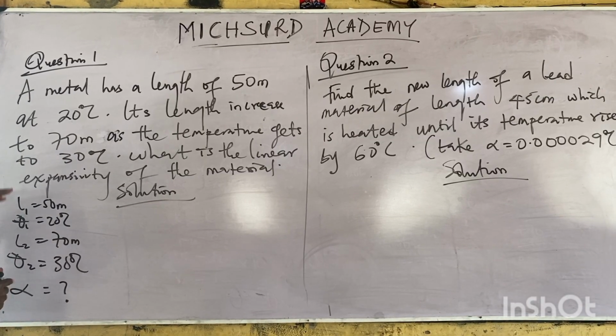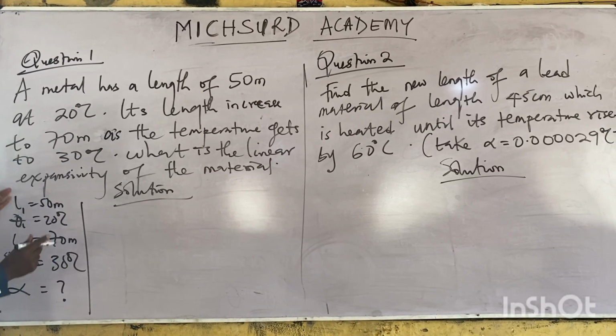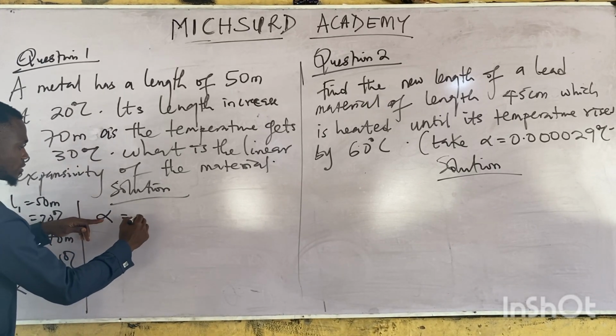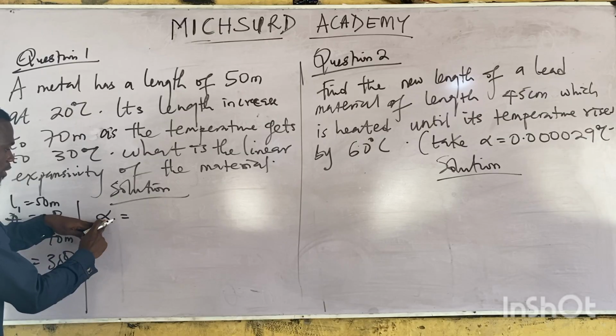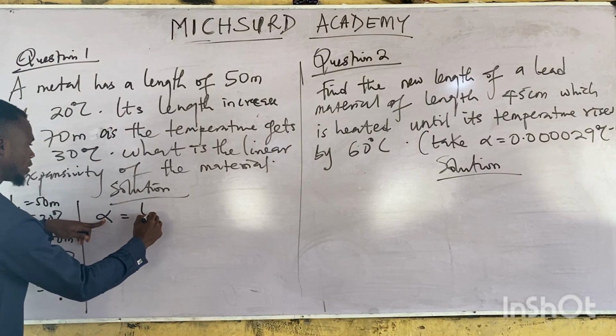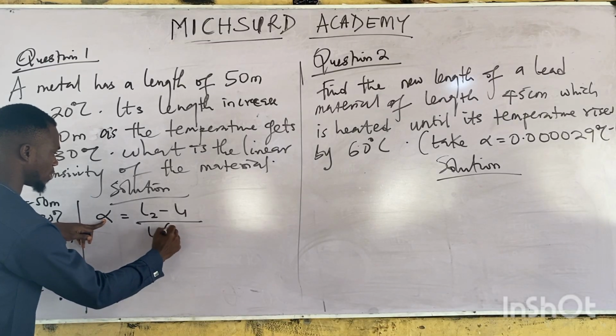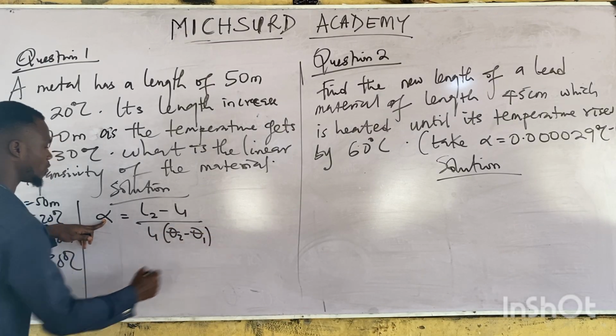So if we substitute, we need to remember the formula to get the linear expansivity of the material. It's given as alpha. I'll be using this to show linear expansivity of a material, which will be L2 minus L1 all over L1 times theta 2 minus theta 1.